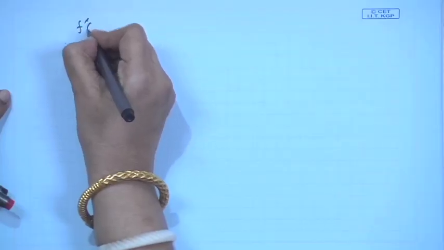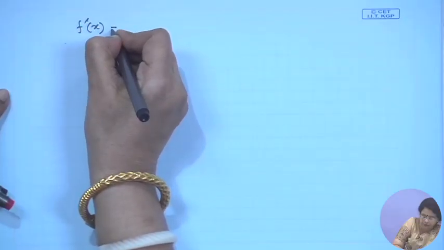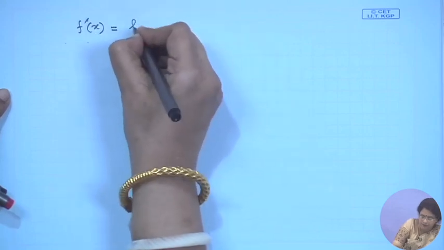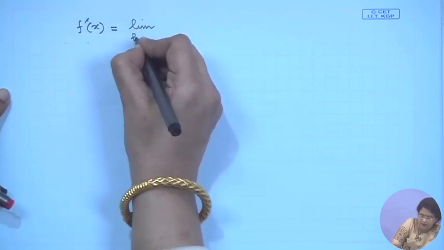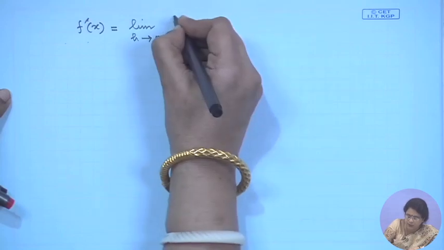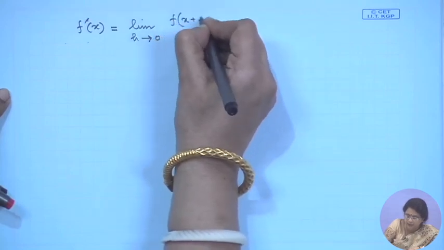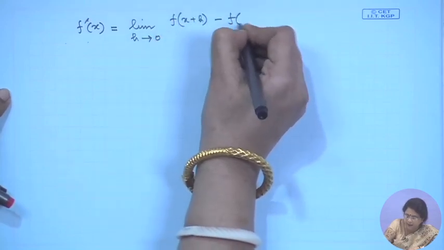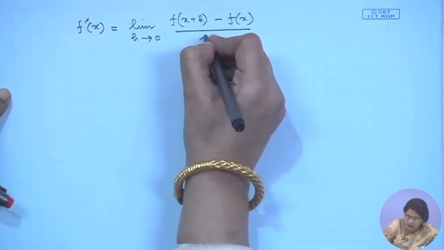Now we will go for the proof of it. For proving it, I am coming to the basic definition of the differential of a function f. Just now I was mentioning, limit h tends to 0, f(x plus h) minus f(x) divided by h.